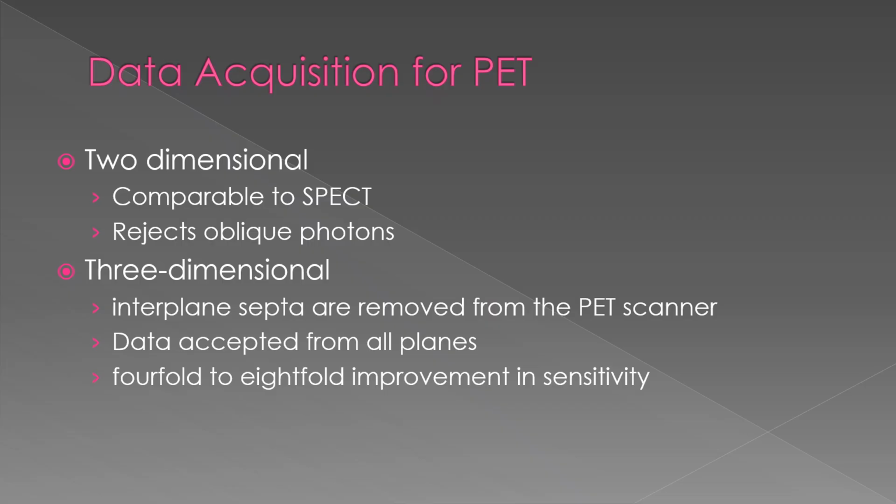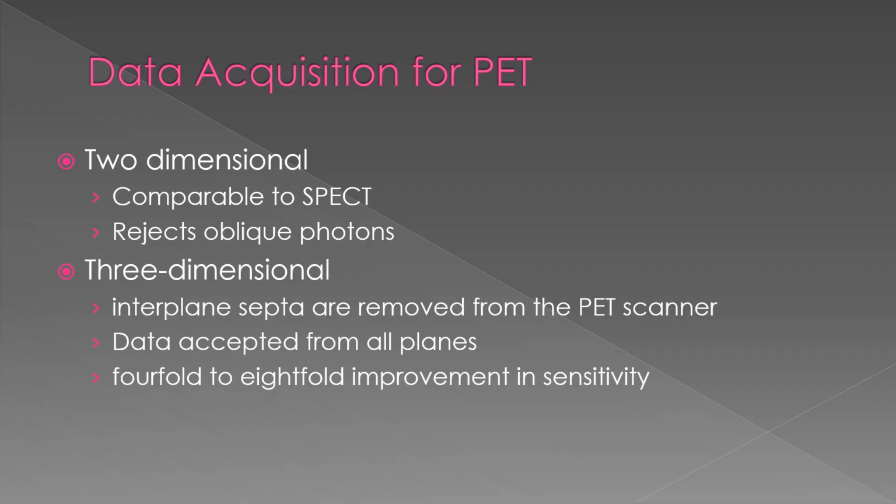Now, one thing that's unique to PET is with our data acquisition, we have a choice between 2-dimensional or 3-dimensional. This is sort of like the acquisition modes that we have for gamma cameras, like dynamic, list mode, whole body studies.